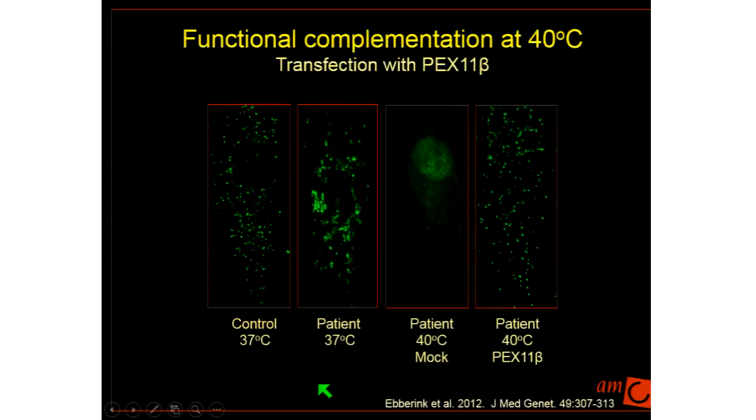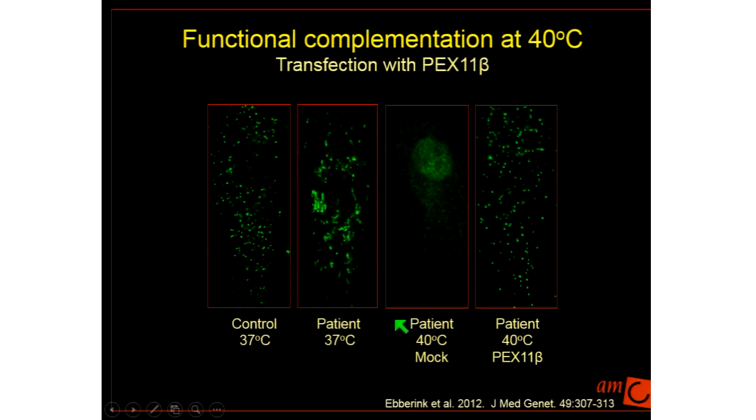So we complemented cells of patients with this defect, and what we saw is that at control, the wild type, we see the normal peroxisomal staining. If we look at the patient at 37 degrees, we see this elongated peroxisomal structure indicating a fission defect.